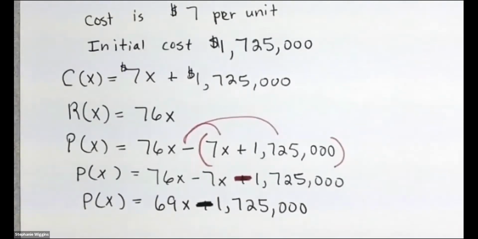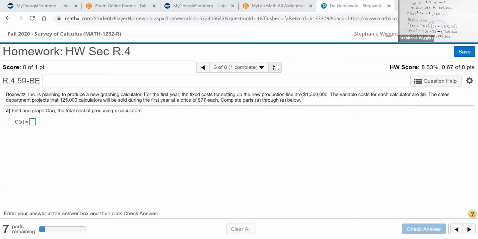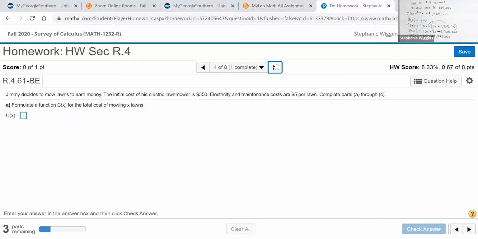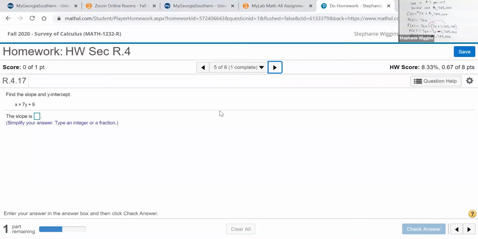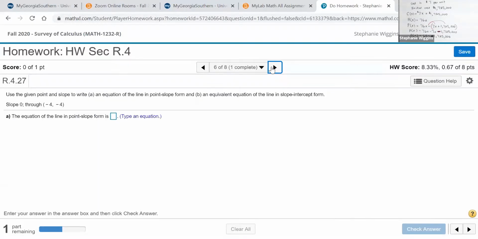Okay, let's go back to the homework just to make sure I covered everything. That's the same type of problem, the cost function, revenue, profit. Here's another slope intercept thing.